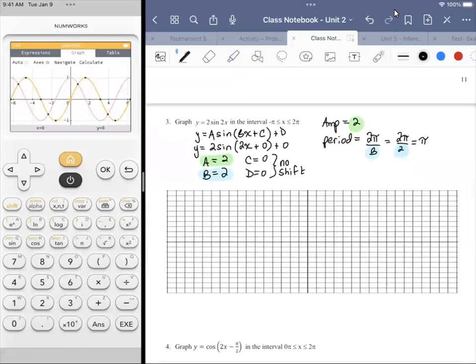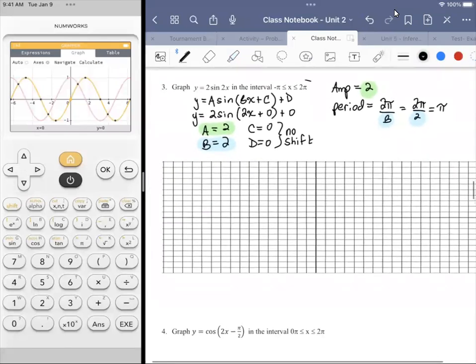Now, in terms of the domain that they give us, it's really important that we have a domain when it comes to trig functions, because they're infinite. You can go on forever. With trig functions, you can't really put arrows on it, because if I did something like this, for example, and then threw some arrows on it, that looks like a polynomial.